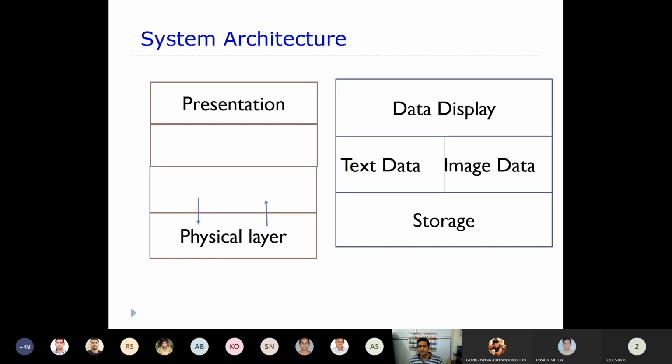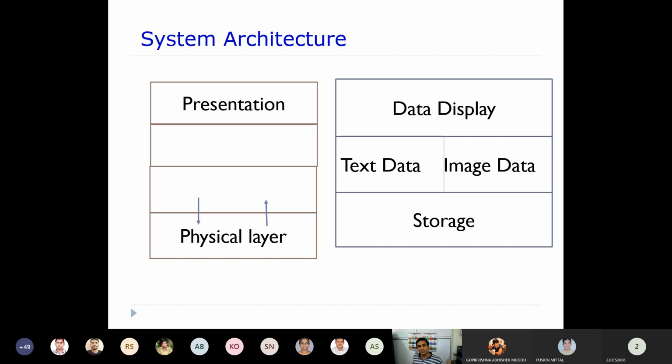Now you can think of a simple example. Take any computer network protocol stack, or any layered approach to solving a network problem. The whole computer network is divided into certain layers.